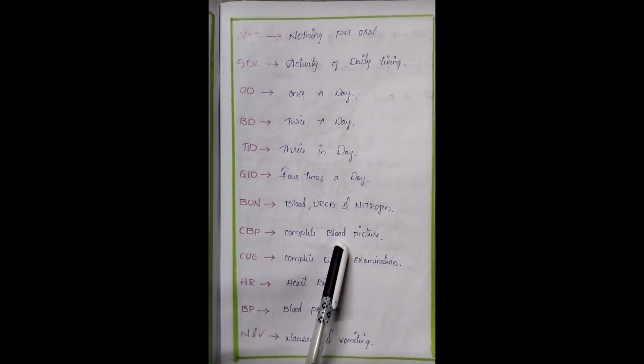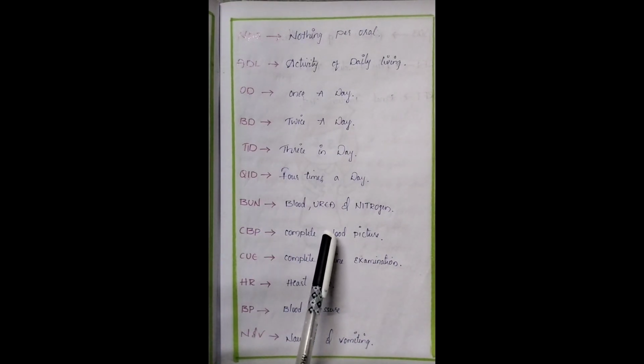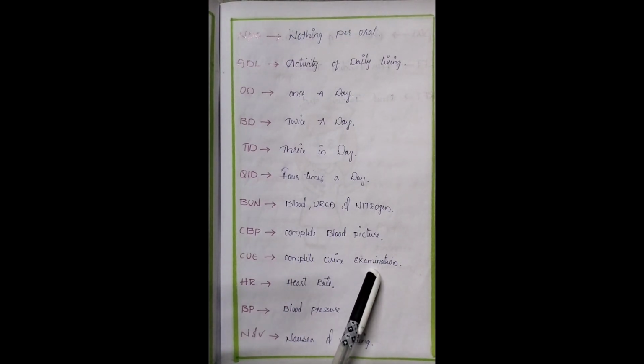What is in the formed elements? WBC, RBC, platelets. In CBP, we can check the values of WBC, RBC, hemoglobin, platelets. Understood?